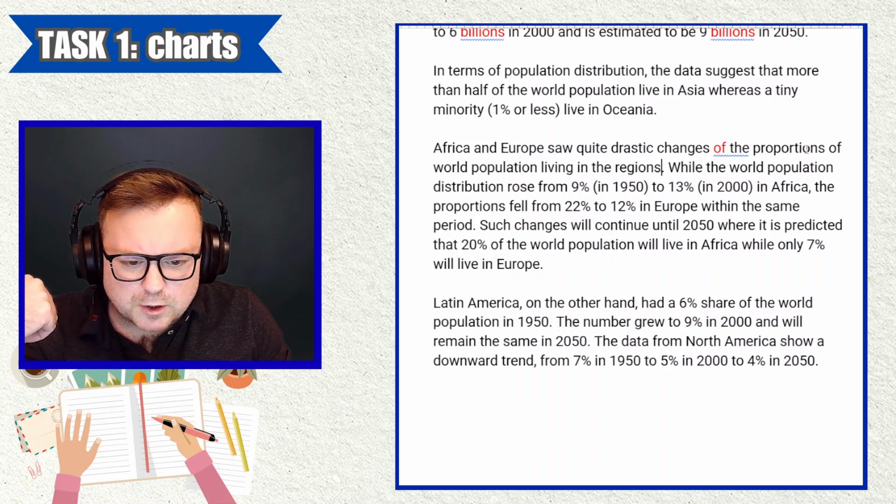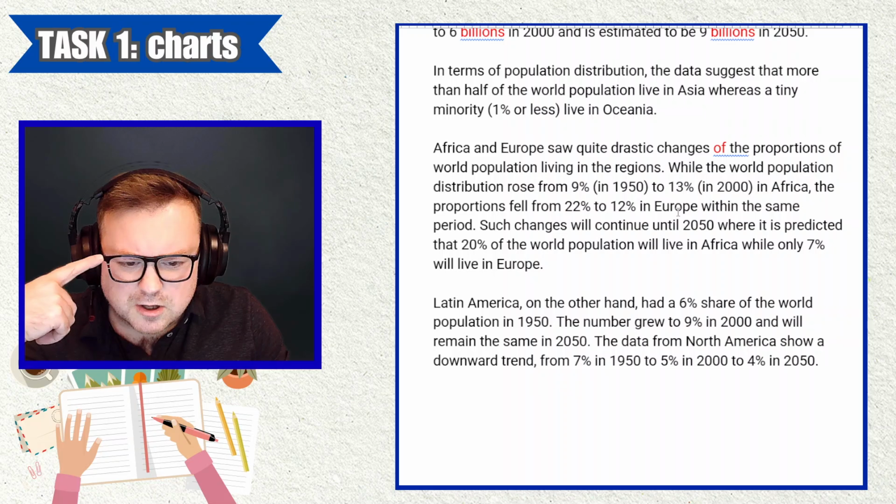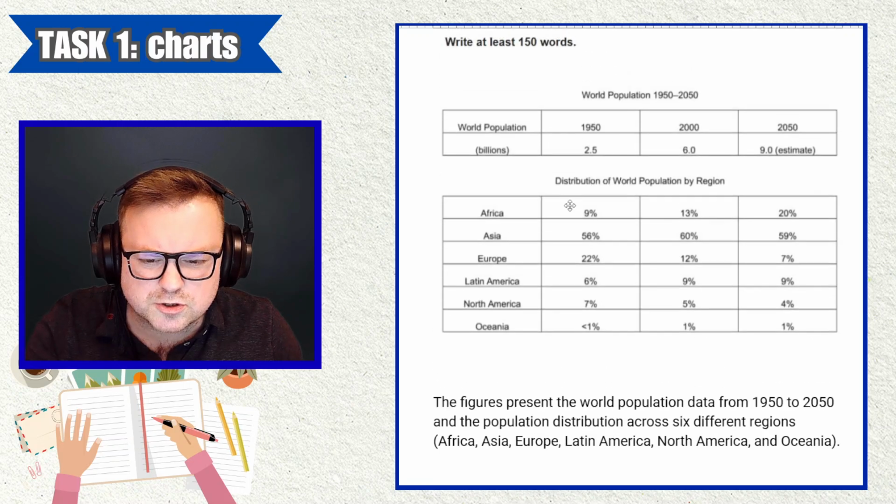While the world population distribution rose. Okay, do we need the world population distribution rose? What does that mean for the world population distribution?